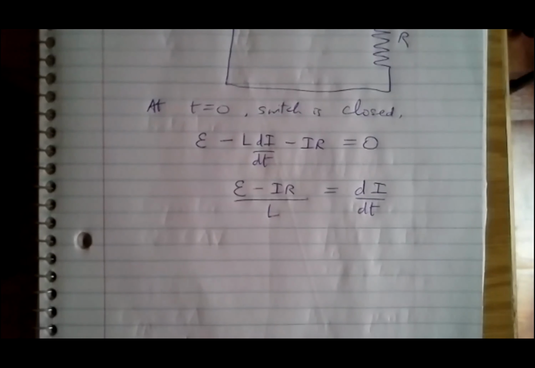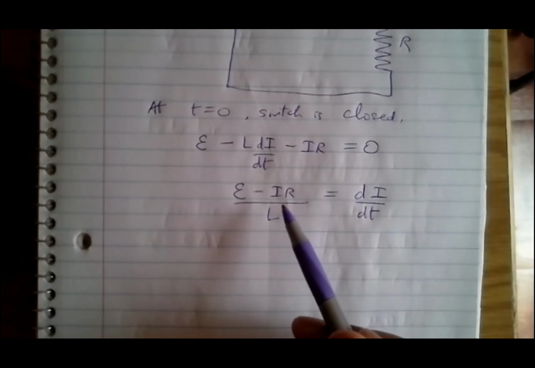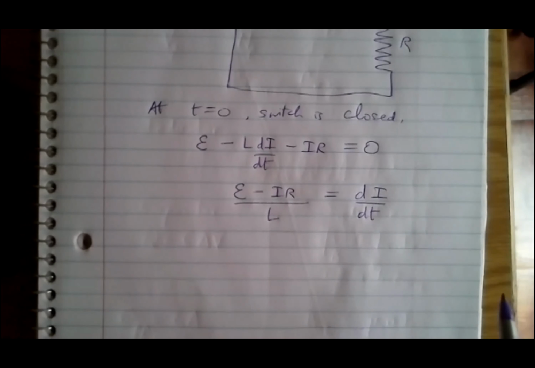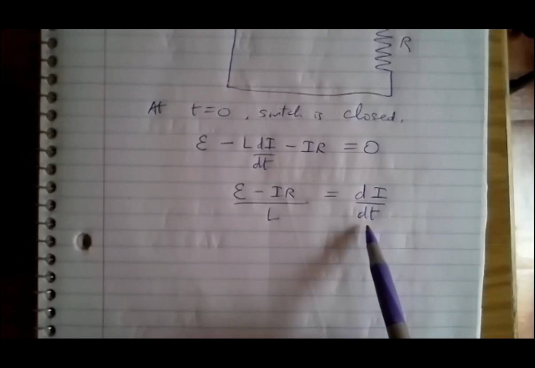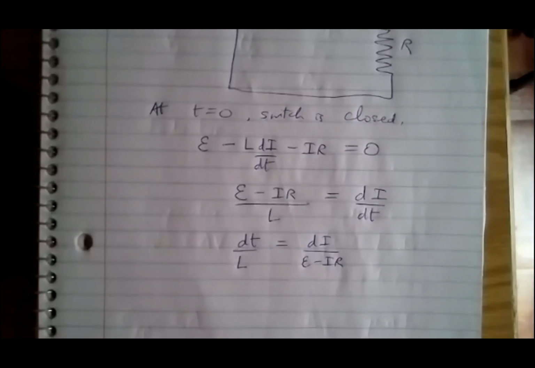If I want to find the current as a function of time, I need to get all the current terms on one side and time terms on the other side, and then the variables will be separated so I can integrate them. So let me do that. I'll have dt over L is equal to di over E minus IR.